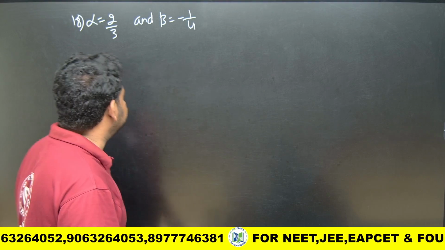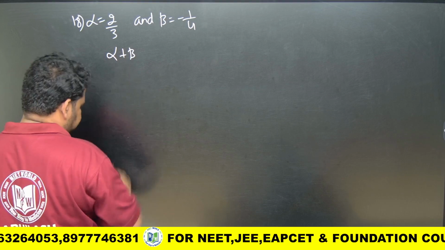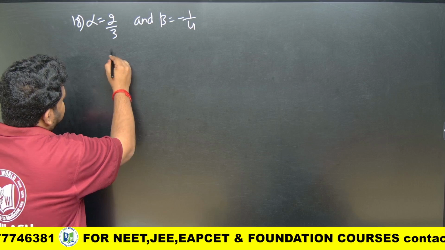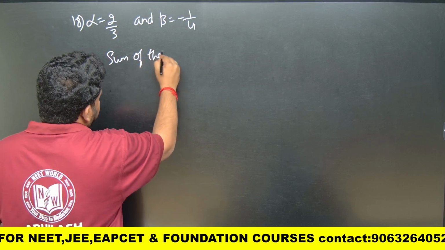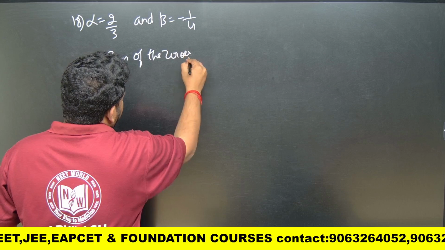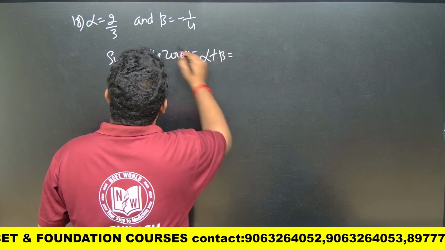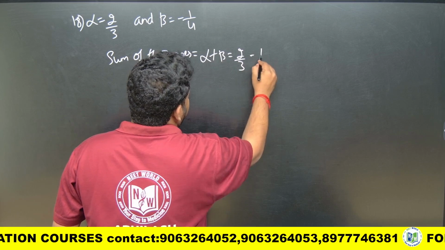So let us find the sum of the zeros. Sum of the zeros is alpha plus beta. That is alpha is 2 by 3 and beta is minus 1 by 4.